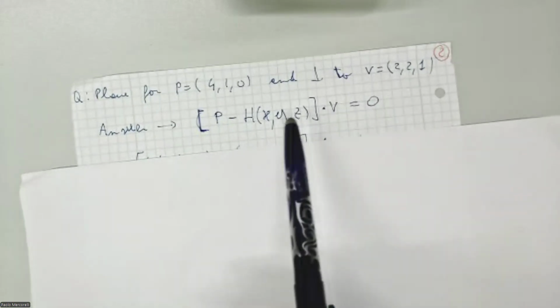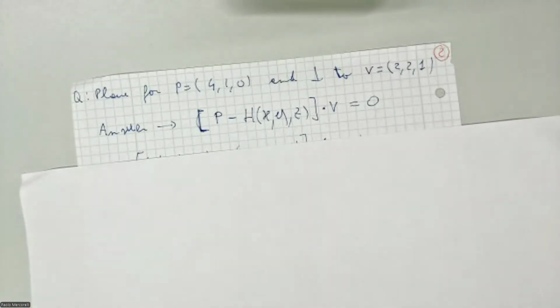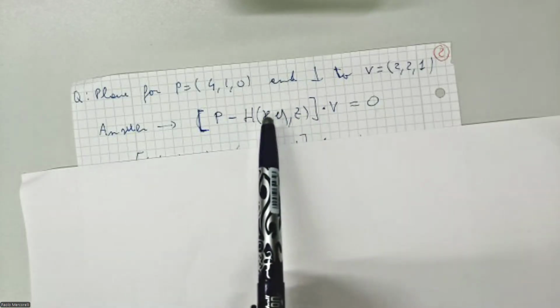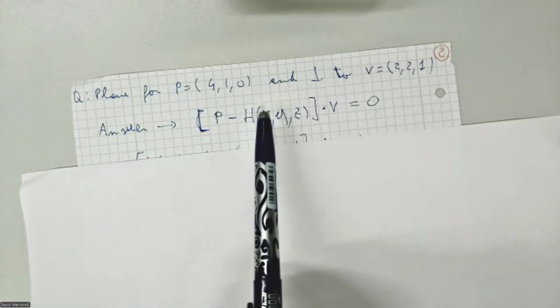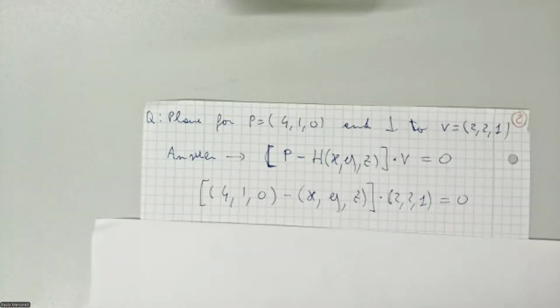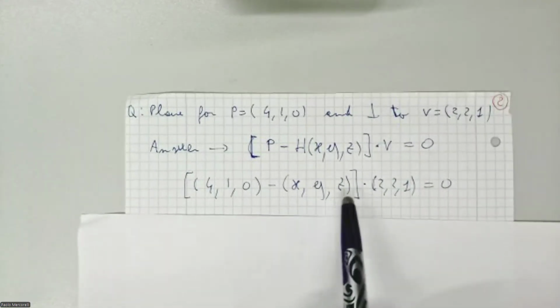Dot V equals 0. Why? The question is why this expression here represents our plane in which P is included. It's easy to see because here, do you remember, is x, comma y, comma z.